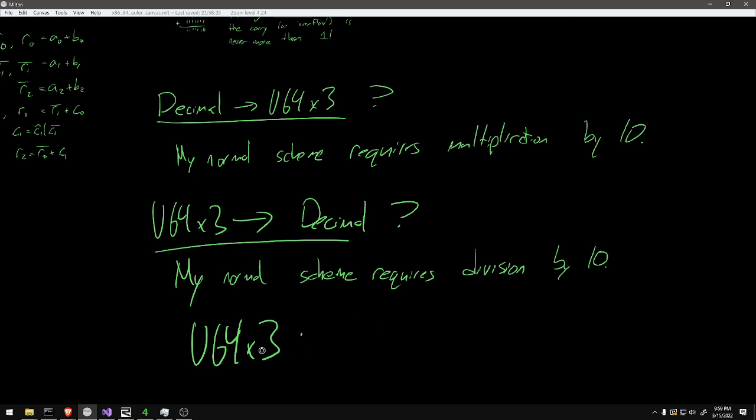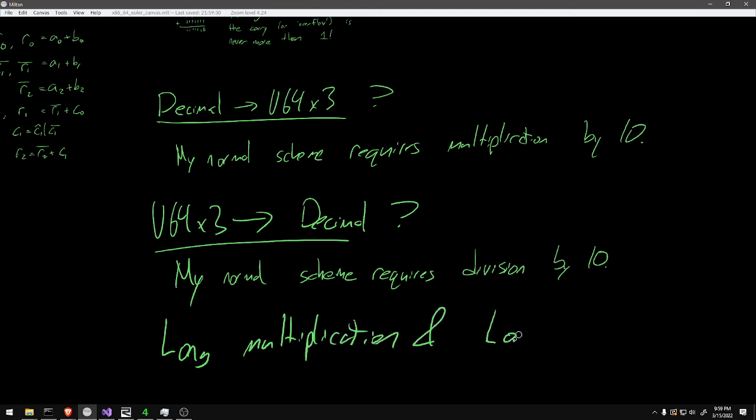But maybe we can do it more easily if one of them is big and one of them is small. Same thing with multiplication. So we could do long multiplication and long division. That's something we could do.